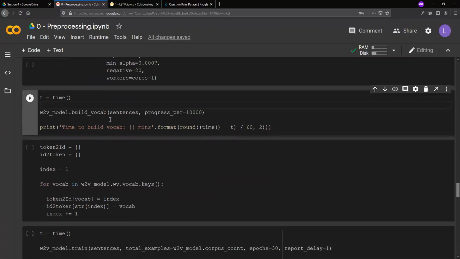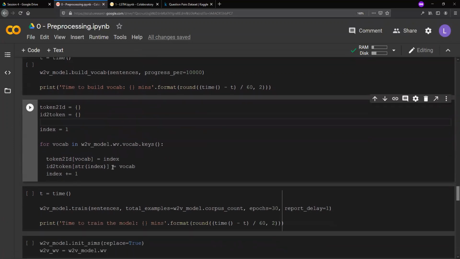In this case, again, this is building up our vocabulary. Now, this is slightly different, that we did not do in prior sessions. Since we're using a pre-trained word2vec in our network that we'll see, we need to correlate our text to some form of ID.